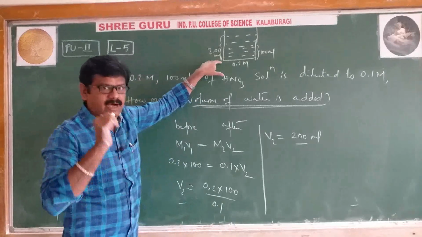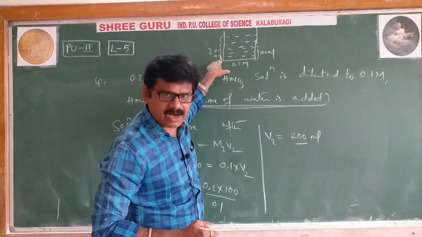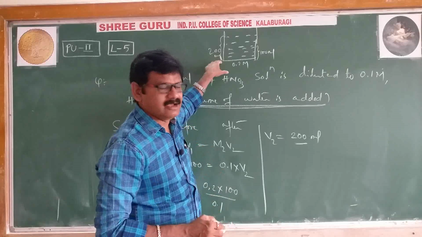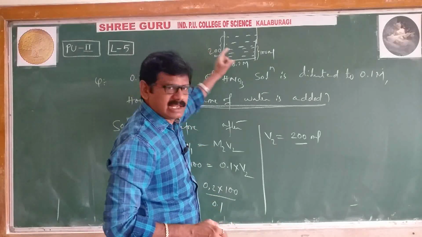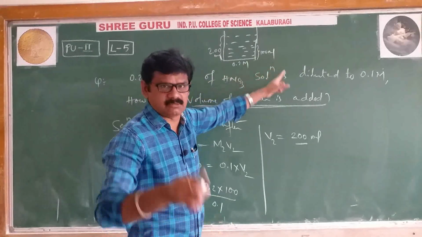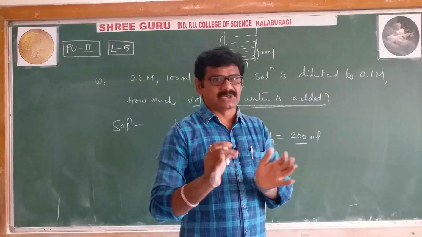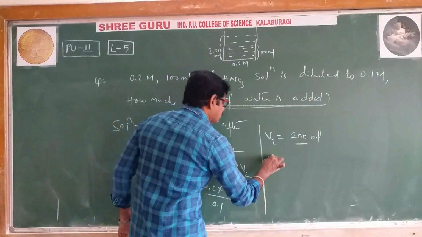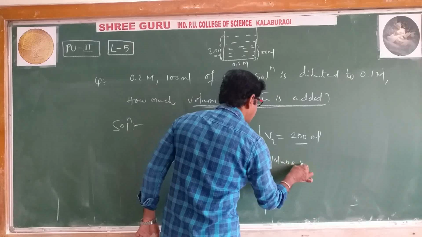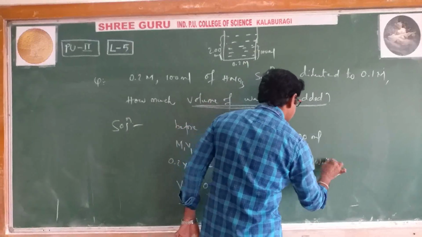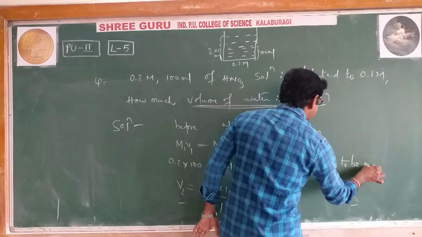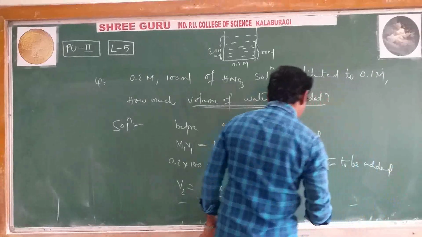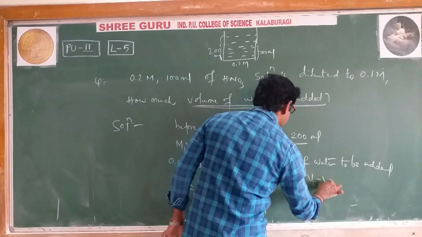Okay? Now what is asked, how much water has been added? What we have to do? Final volume minus initial volume, you will get the water to be added. That's why volume of water to be added is equal to V2 minus V1.